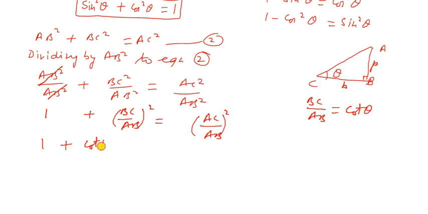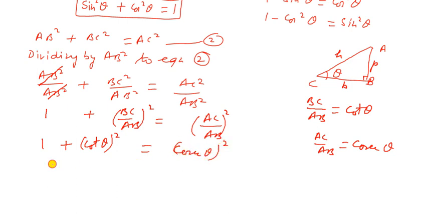So we can write here 1 plus cot theta whole squared is equal to, what will happen in AC upon AB? You can see AC, that is the hypotenuse, and AB, that is the perpendicular, so that is cosec theta. So here is cosec theta whole squared. So the formula becomes 1 plus cot squared theta is equal to cosec squared theta.